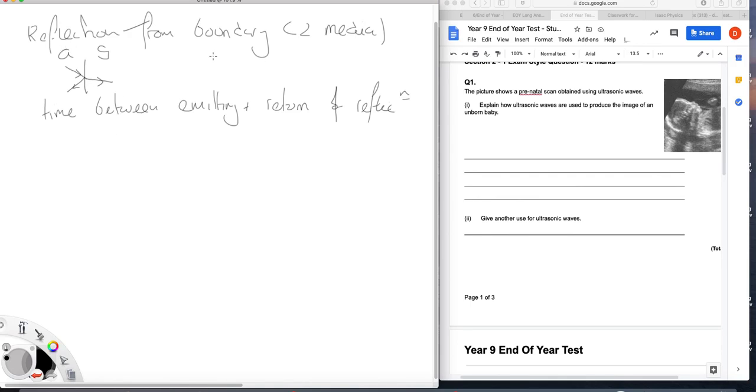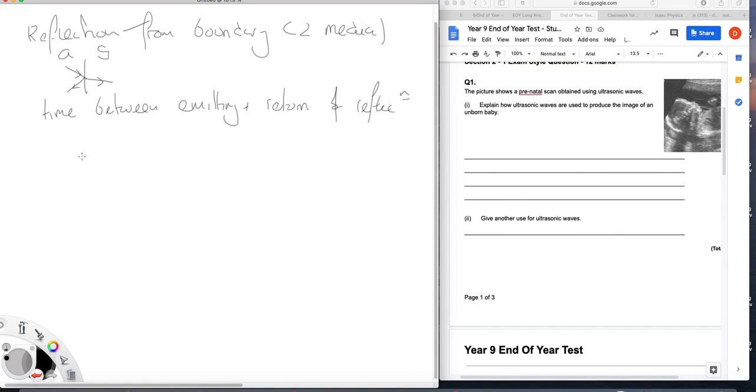The reflection from the boundary between the 2 media, or you might name them, you might say, water, fat, muscle, bone. That's how it works. And it is the time between the emission and the receipt of the reflection that allows the machine to work out where the various bits are.